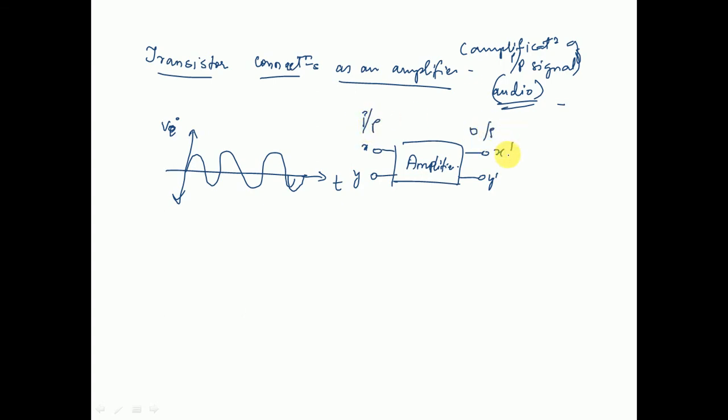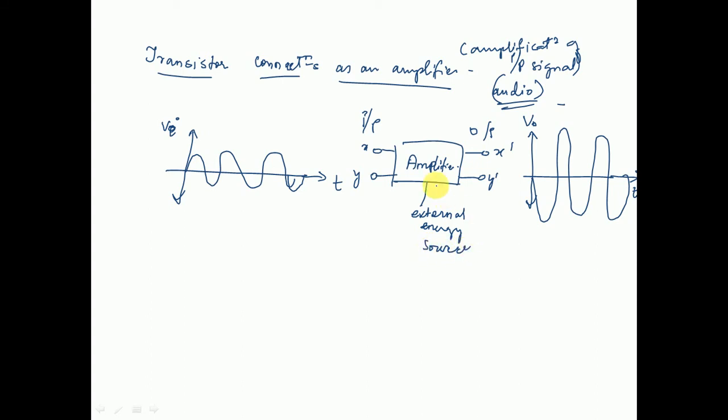Now what happens? You are going to get an amplified signal. This will be your graph for the output, V output versus T. You can see that there is an obvious amplification of the signal that had been fed into the amplifier. Please note that the amplifier is actually connected to an external energy source.